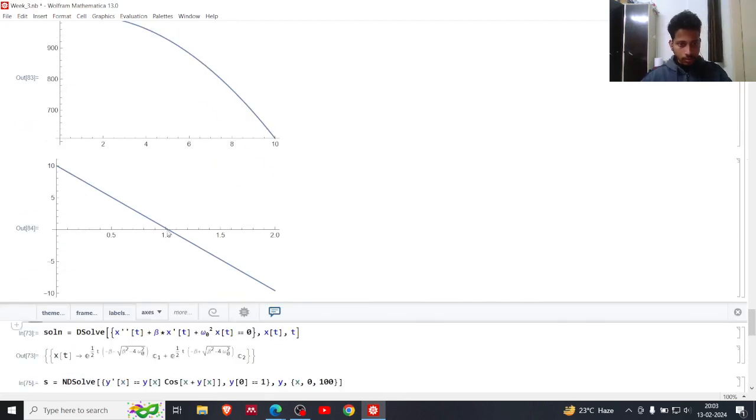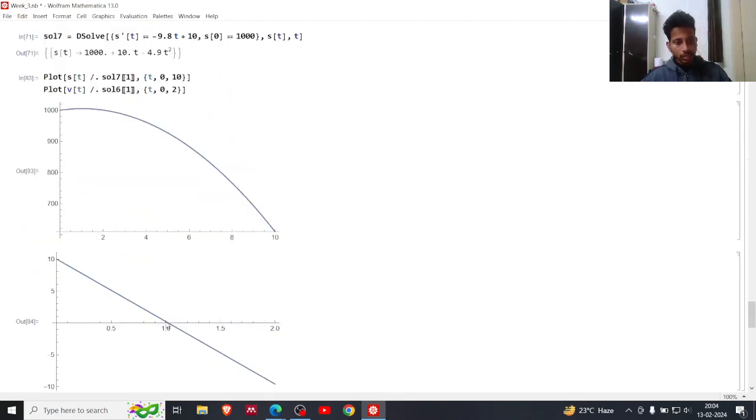So at around 1 second it is crossing the zero value. So at this point the pebble or whatever we have thrown is coming to rest in the air, and then it is starting its downward fall.